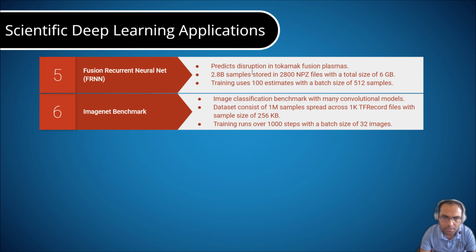Next, we have the ImageNet benchmark modified to run over Theta supercomputer at ALCF. It is an image classification application which uses popular convolutional models such as ResNet 50 and AlexNet. The benchmark itself consists of 2 terabyte TFRecord files with 1024 files, each containing 4000 samples with 256 sample size.